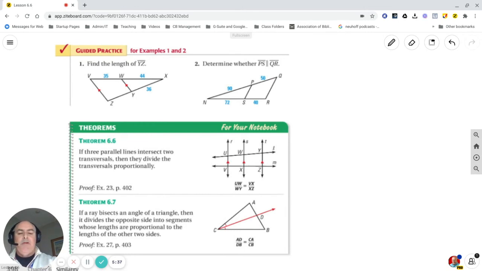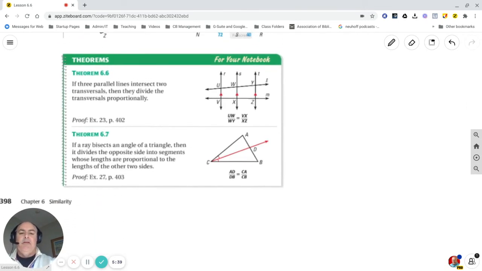This idea of proportionality, we've been looking at just a triangle now and two parallel lines, holds true when I have multiple parallel lines and transversals. And what's interesting is that in this case, we are looking at UW over WY, VX over XZ.